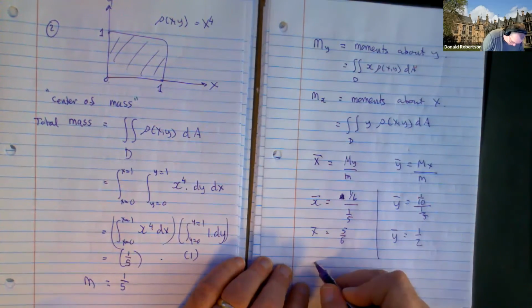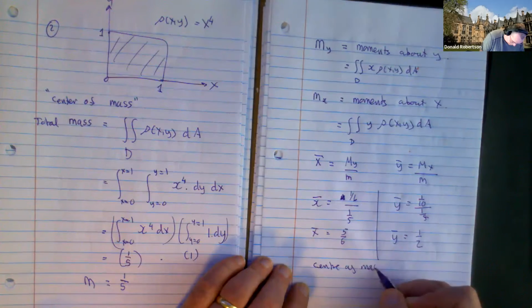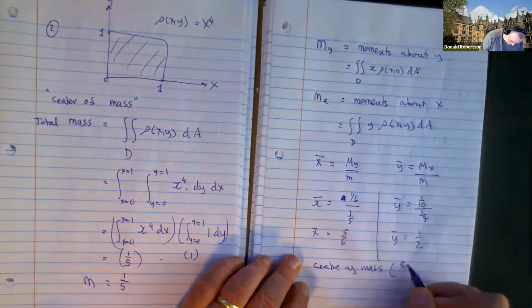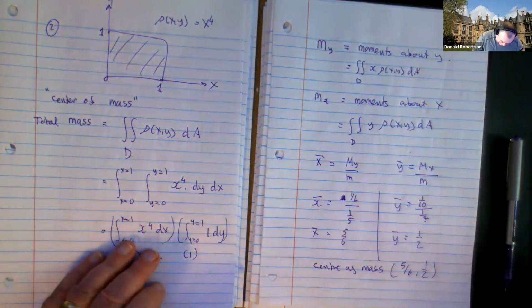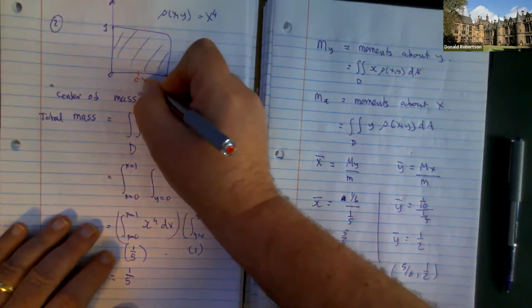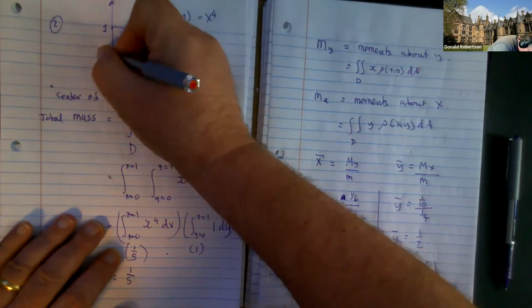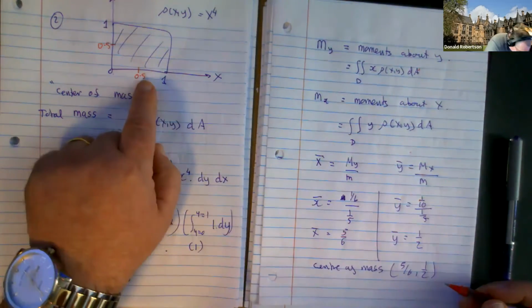And so our center of mass is at location (5/6, 1/2). So if I imagine that is 0.5, right, and that's 0.5, the center of mass is (5/6, 1/2).